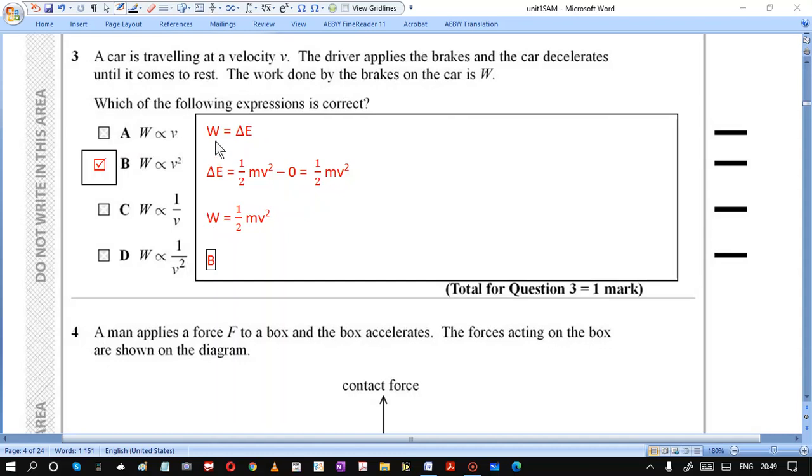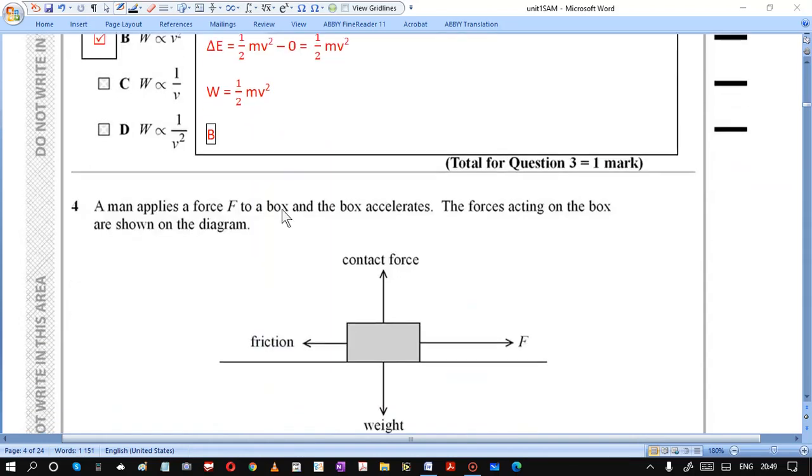First of all, we know that work done equals energy change. Here we have a decrease of kinetic energy, so it becomes 0. So the change of energy is half mv squared. So work done is also half mv squared. So we choose answer B, where work is proportional to v squared.